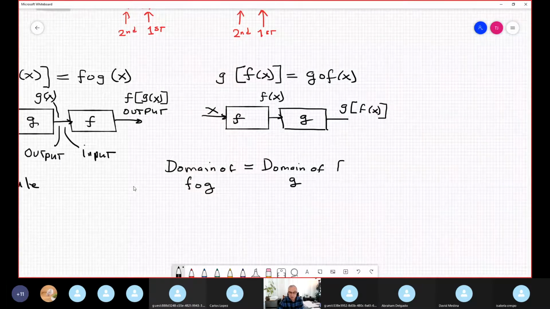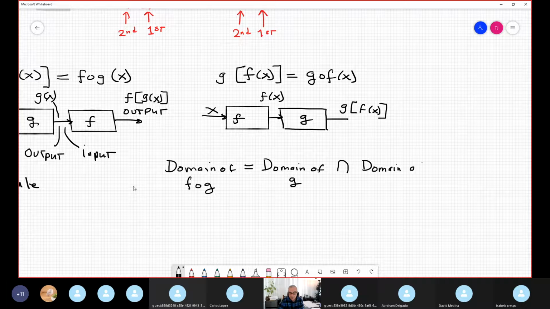Intersection, because it's a set. The operation between sets is union or intersection. The domain of the new expression. The new expression is the one that you determine when you put together f and g.